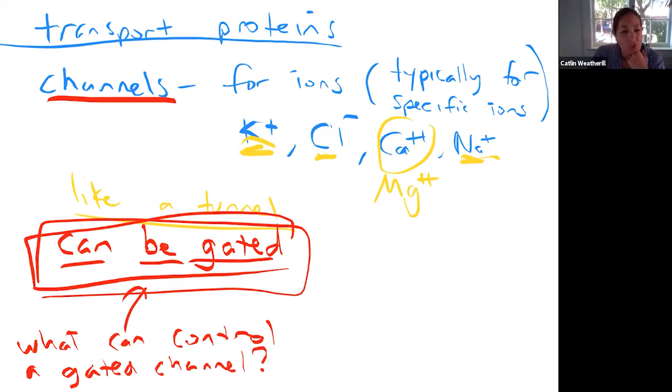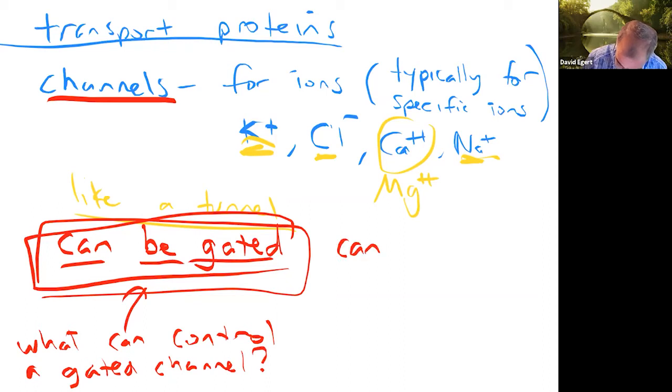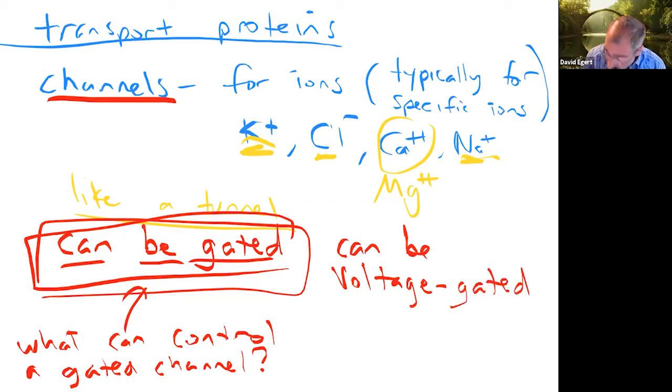Say it again, Catlin? Charges? Yeah, so charges. So it can be what we call voltage gated. Let me explain that a little more because it's going to be an important concept for our class.